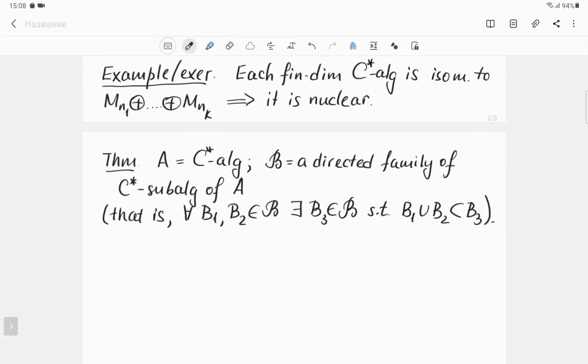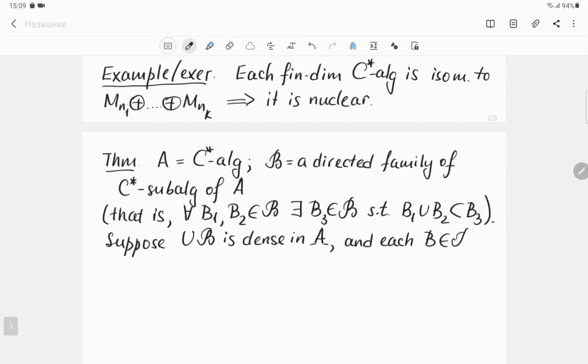Okay, and suppose that this family is big. Suppose that the union of this family is dense in A. And suppose that each algebra in this family is nuclear. I claim that in this case, A is also nuclear.